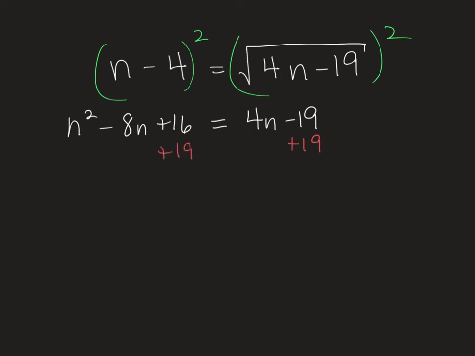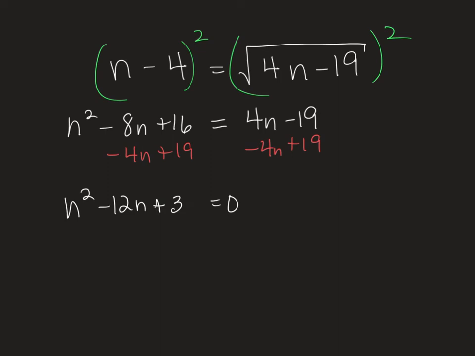Move both over. I'm going to get n squared minus 12n plus, is that a 37? Equals 0. Let me look at this. Double check my math. Nope, 35. See?